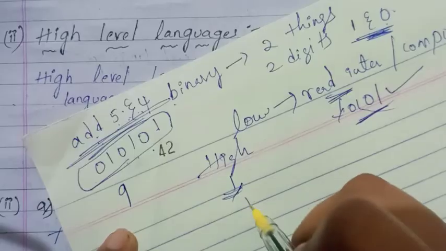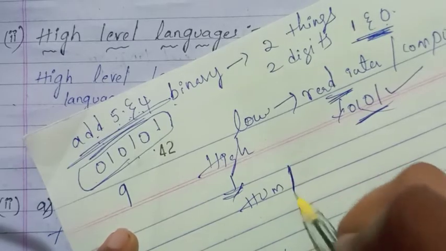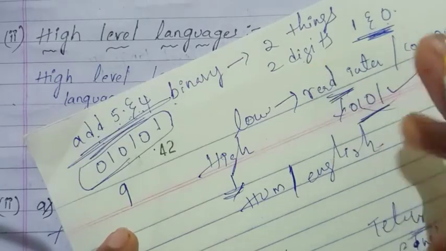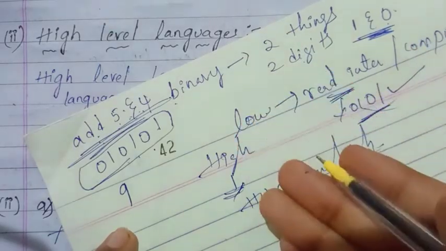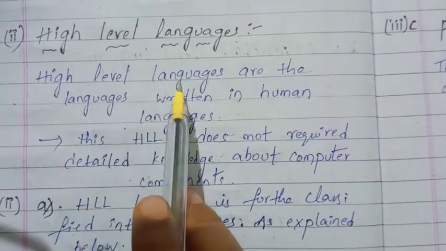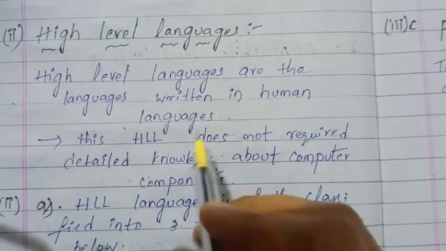And high level languages are the languages which are written in human languages, that is, in English, so that they are very easy for humans to understand.